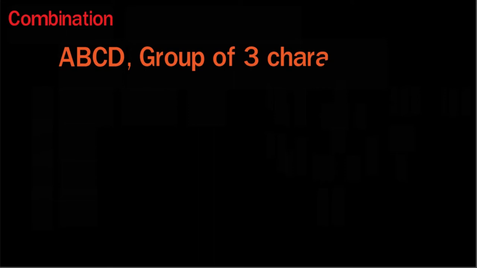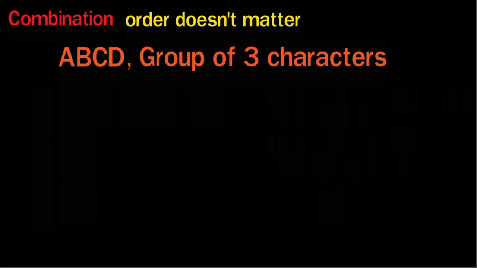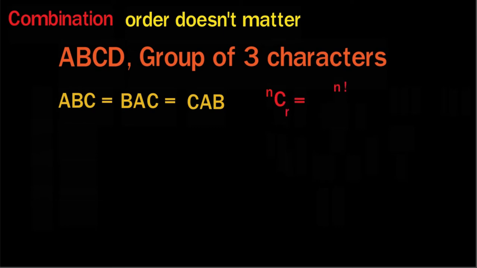Next, we will talk about combination. Let's say we have the example A, B, C, D. In how many ways can we group 3 characters? For combination, order doesn't matter, and so ABC is the same as BAC, and the same as CAB. So for combination, we always use the formula nCr equal to n factorial over n minus r factorial and r factorial.